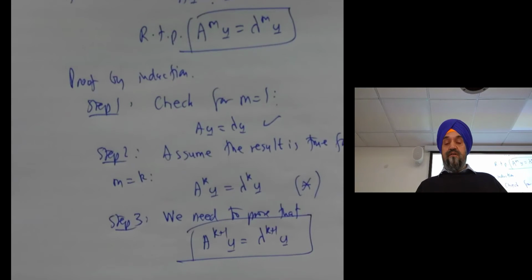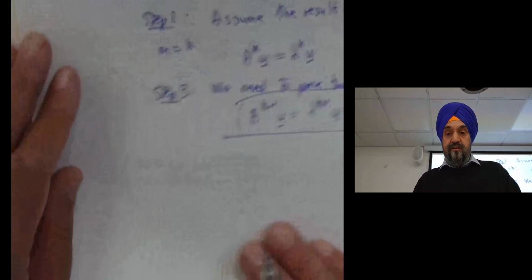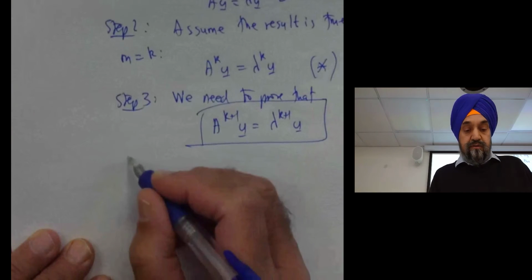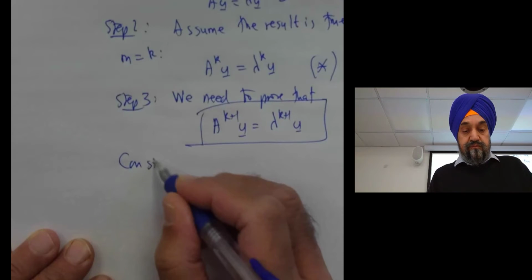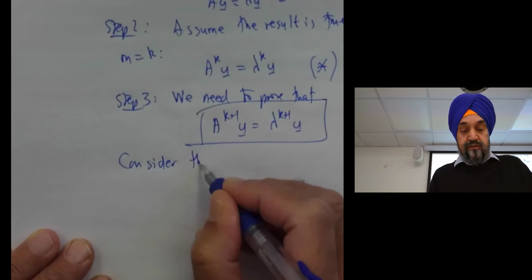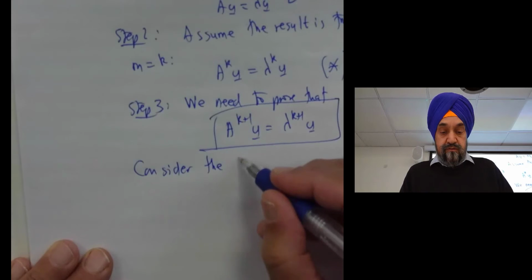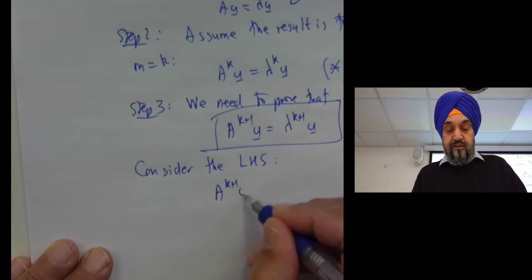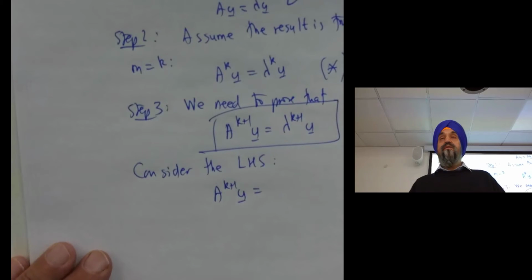So if we take the left hand side, consider the left hand side, A to the K plus 1 U, if we write that, what do we get?